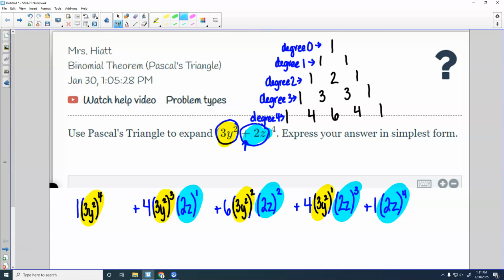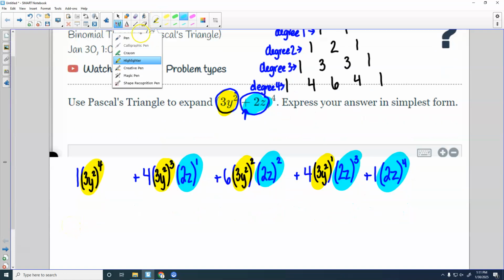And so everything from here is simplifying, but let's go over how to simplify just to make sure that we remember. When you are raising this to the 4th power, you have to do 3 to the 4th power. And it is okay with me if you use the calculator a little bit on this, because DeltaMath gives you numbers that get kind of big. So 3 to the 4th power is 3 times 3 times 3 times 3. That gives you 81. What do I do with my exponents when I'm doing y squared to the 4th power?